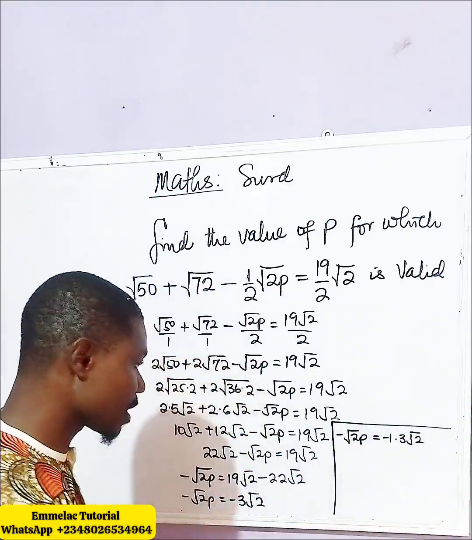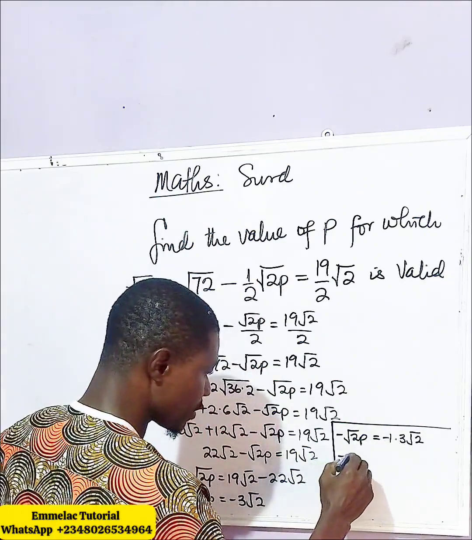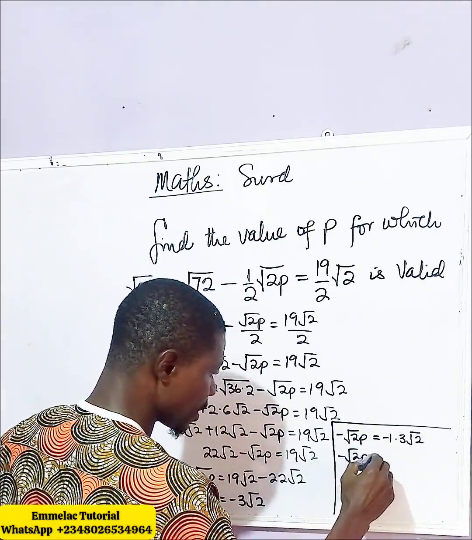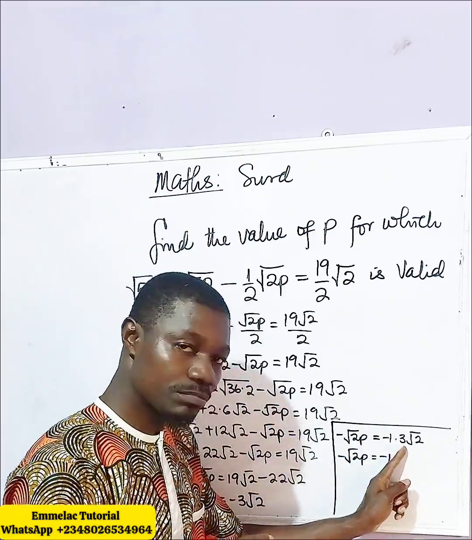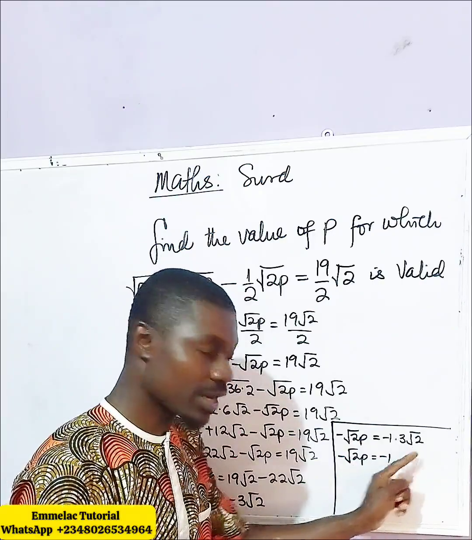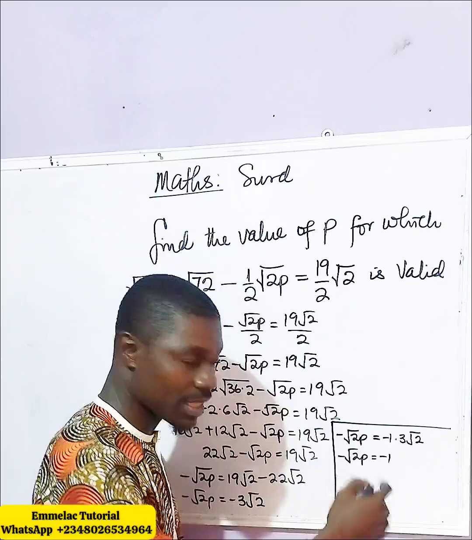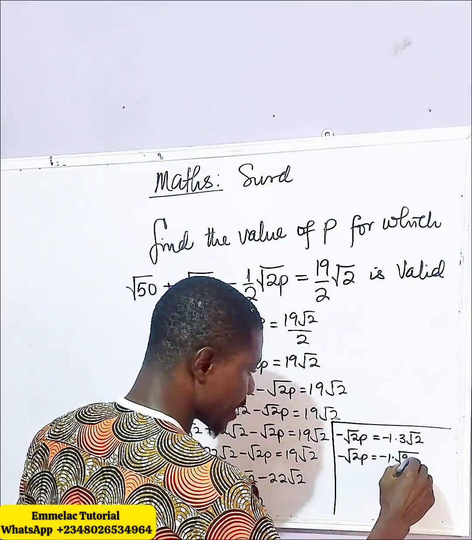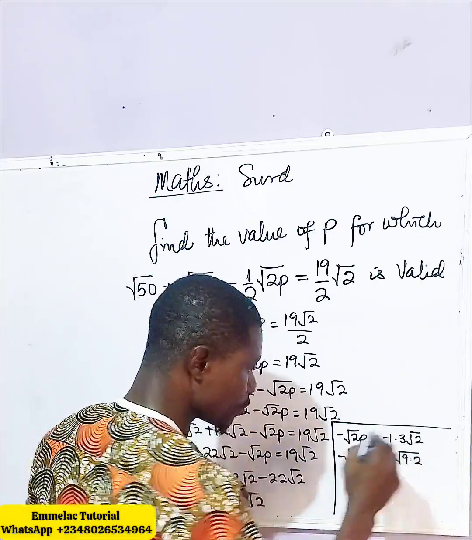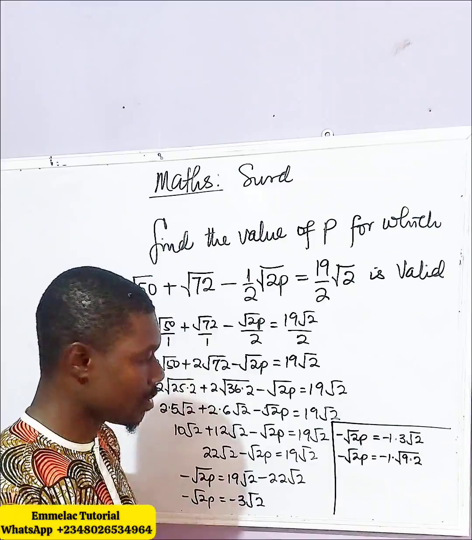We have to be very careful. So minus root 2p gives us negative 1. Now moving this into the bracket, our 3 becomes 9. So we have 9 times 2.